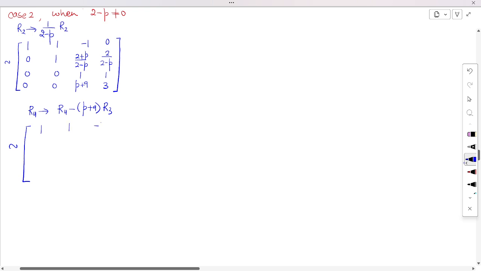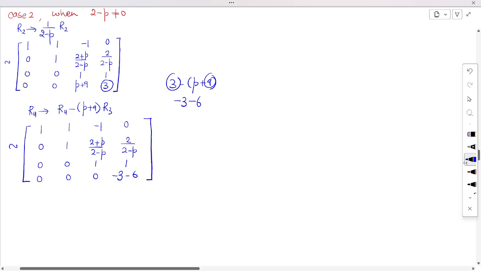One one minus 1 0, 0 0 1 (2 plus p) by (2 minus p), 2 by (2 minus p), 0 0 1 1 and 0 0. This becomes 0 and 3 minus (p plus 9). So this is minus p and 3 minus 9, minus 6.